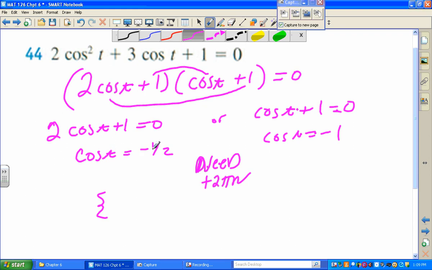Where does cosine of which angle equals negative 1/2? 2 pi over 3. And what else? 4 pi over 3. Good. And where does it equal negative 1 at? Pi. Got 3 answers.